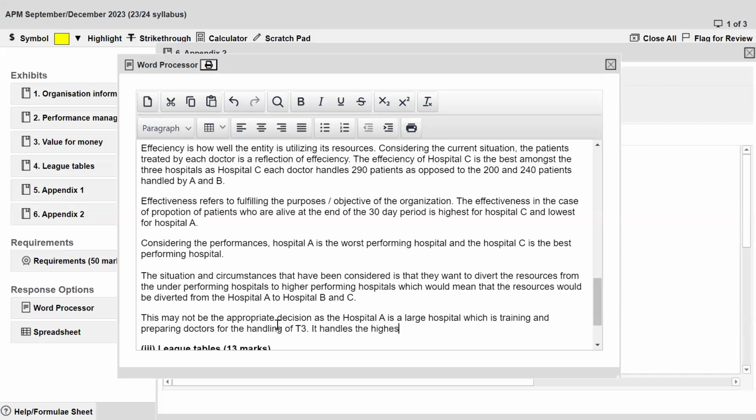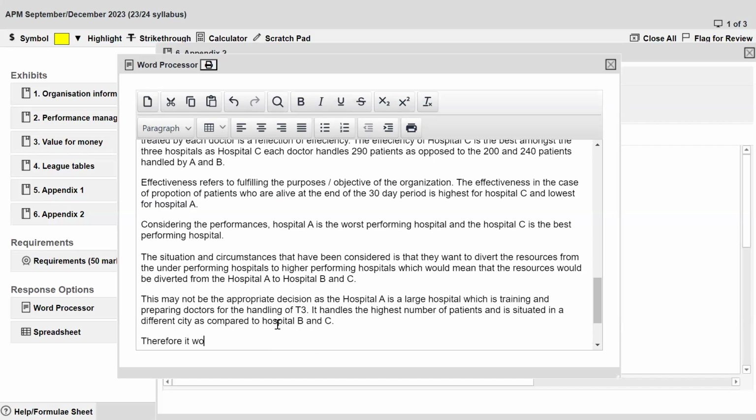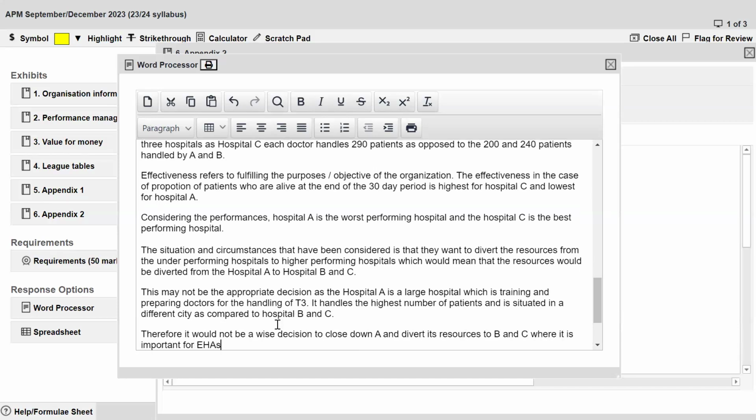It handles the highest number of patients and is situated in a different city as compared to hospital B and C. Therefore, it would not be a wise decision to close down A and divert its resources to B and C, where it is important for EHS to handle the patients and to provide ambulance and emergency services to a larger audience.